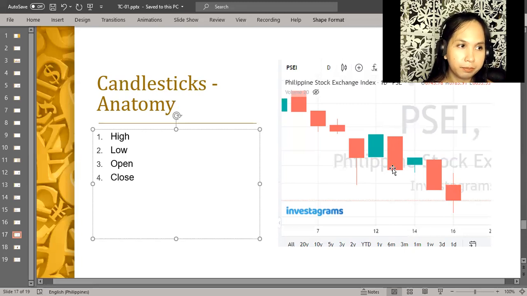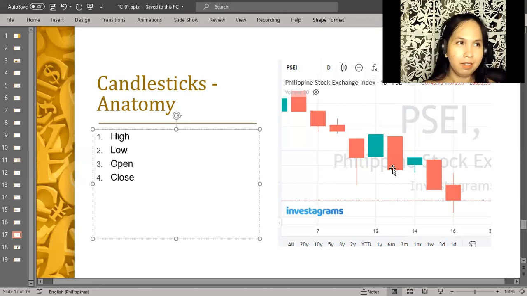If the stock, however, closed at the same price that it opened, then the candle has no body at all and is called a doji. We'll cover it again later on.